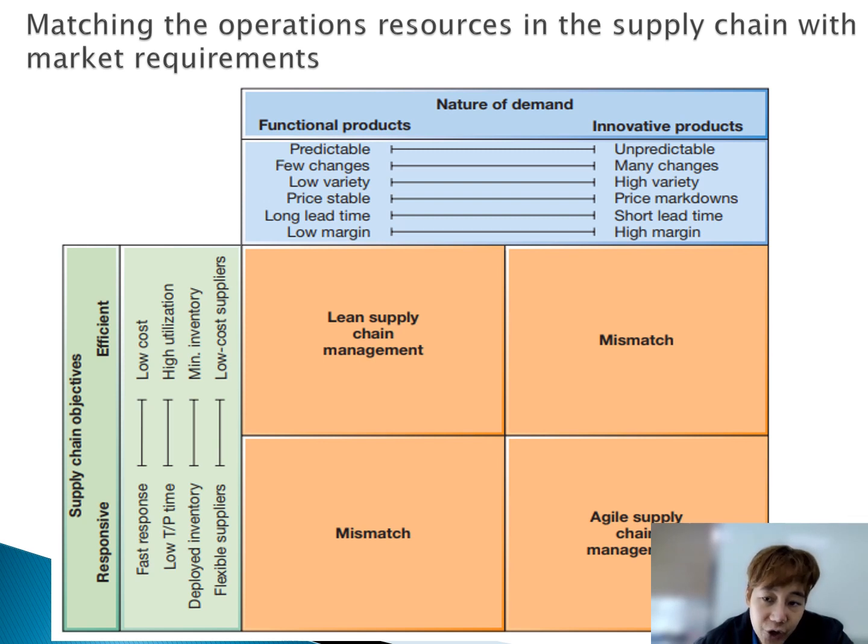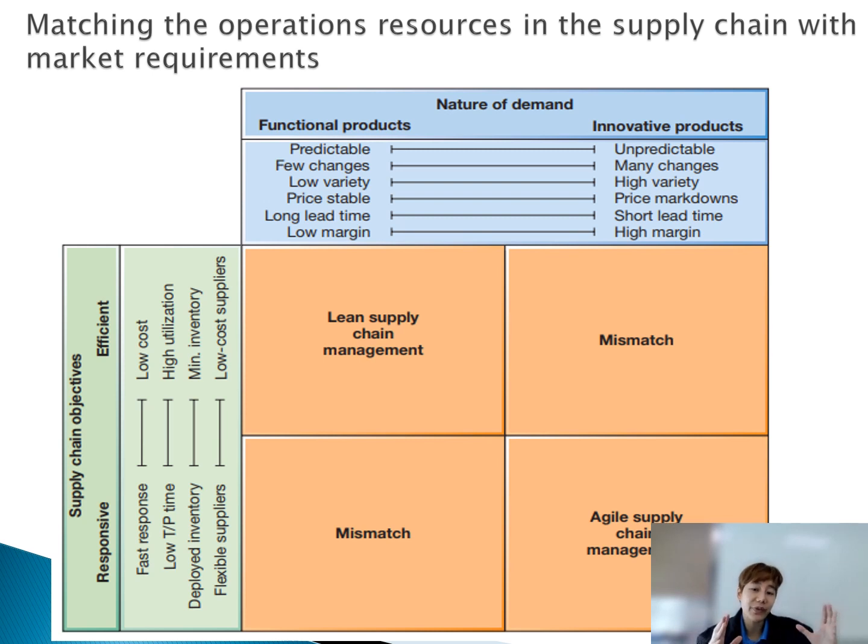So if you think about innovative product and responsiveness, you have to look at agile supply chain management, right? And if you want to talk about functional product and also efficiency, you have to use lean supply chain management. Okay, this is the way to match operation resources in the supply chain with market requirement.